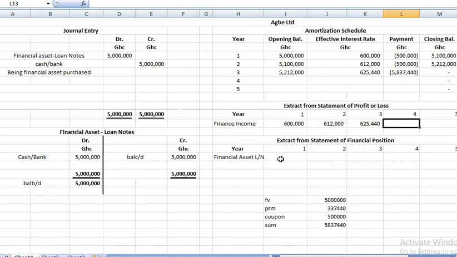And the closing balances. For the statement of financial position, we are going to report these closing balances. The first year's is 5,100,000 as a closing balance, and the second year's is going to be 5,212,000.